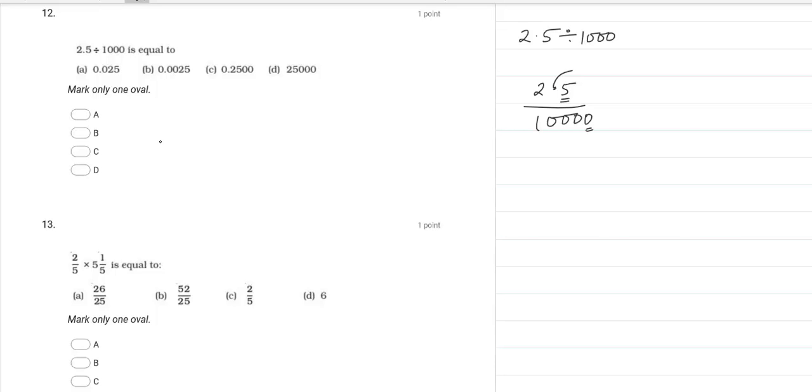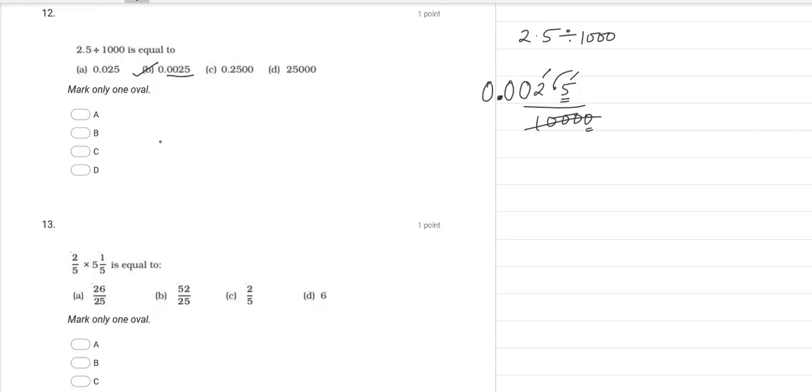So one more 0 due to this. Now we have 4 zeros in total. Cut them all. Count from the last: 1, 2, 3, 4, decimal. Was that difficult? No. So the answer is 0.0025. This 0 we just add for formality.